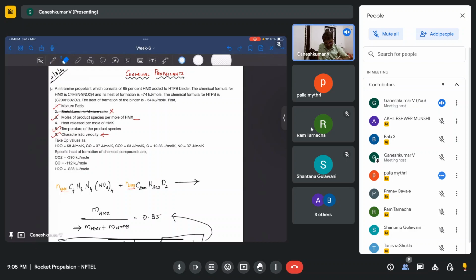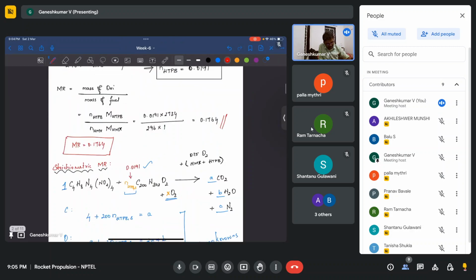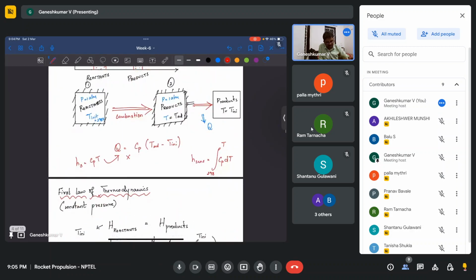So basically, we found the characteristic velocity also. We found temperature also. Heat release we already did in the last class. But I would also encourage you to do it this way. As Shantanu was mentioning, you can do an energy balance between these two, where Q is equal to the CP of products from T adiabatic to T initial.